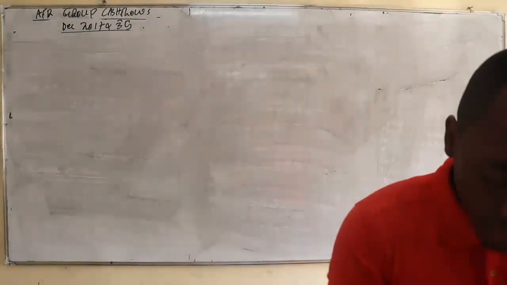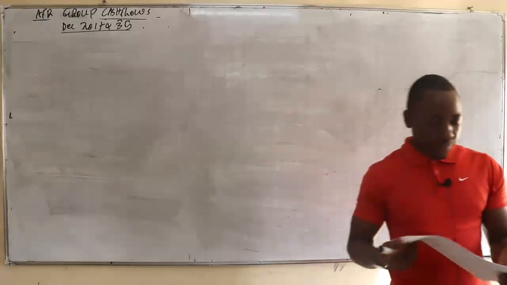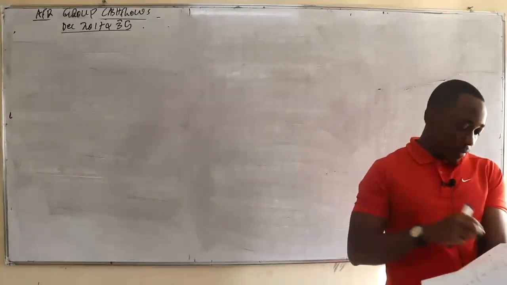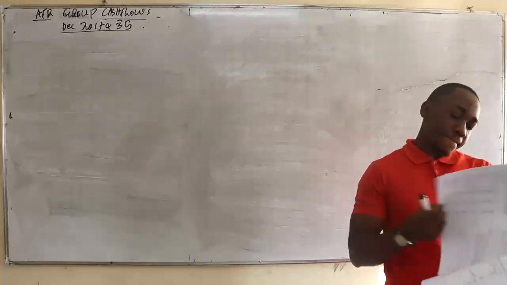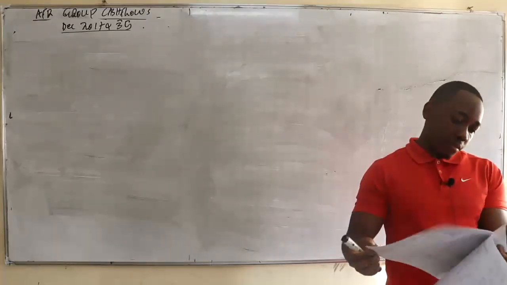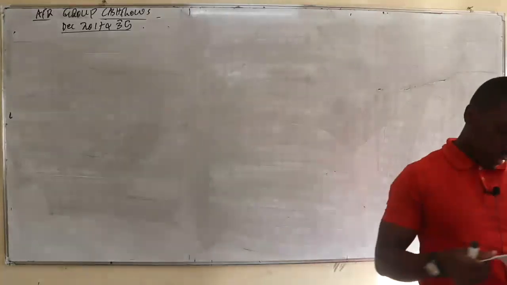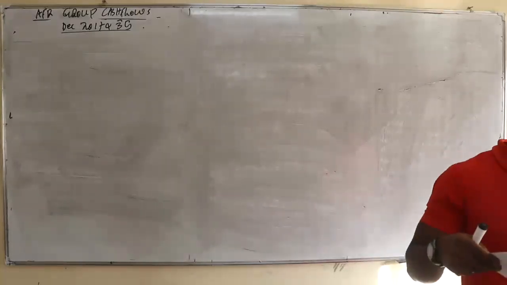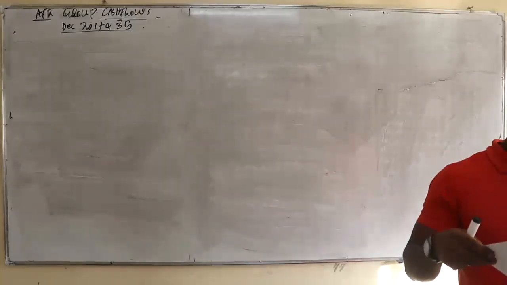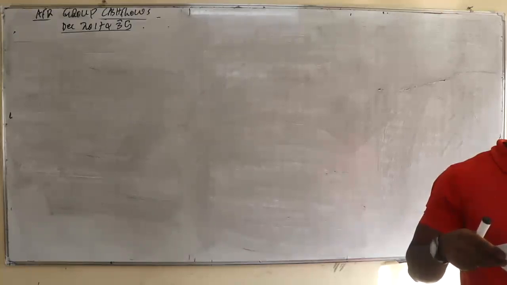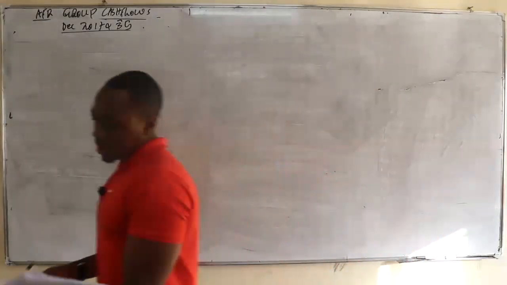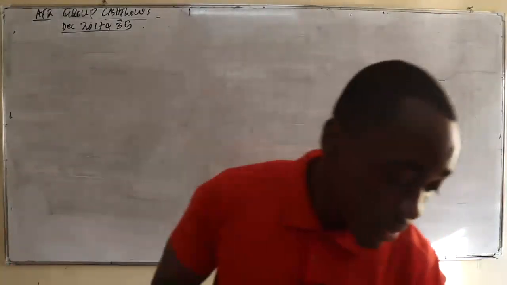Let me see the one for 2014. That one is a case of disposal. We had done acquisition, right? Now let's do a disposal. Good. So let's do the one for December 2017. Question 3B, that one is a case of disposal.